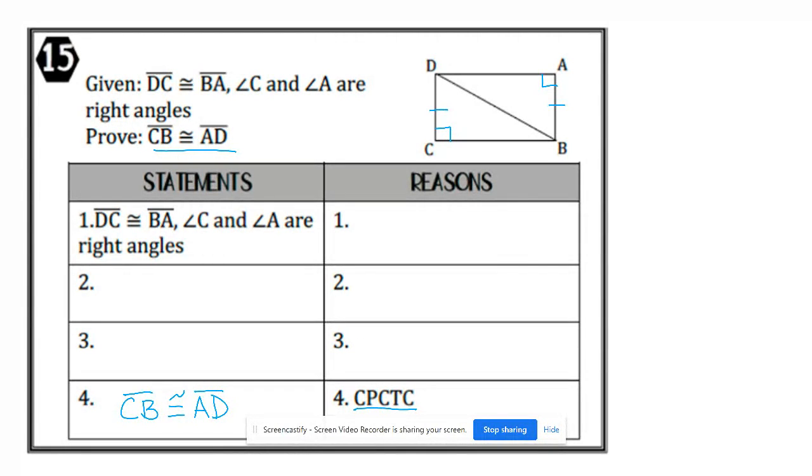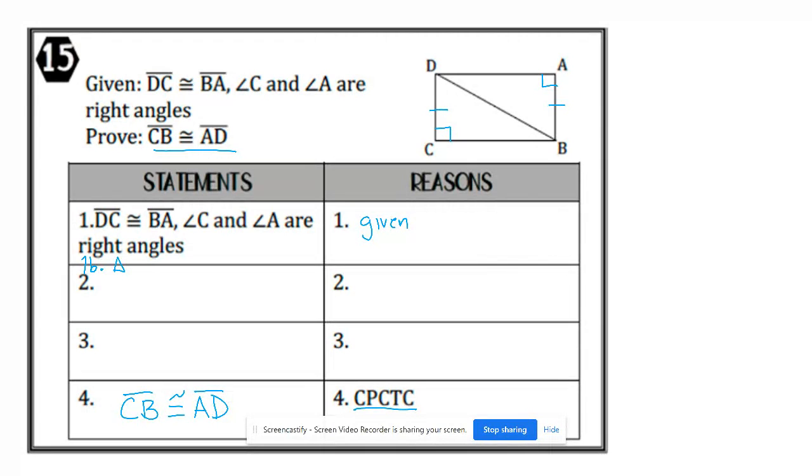All right. This has 4 steps listed. I'm going to squeeze in a 5th step because I think it's important, and I'll show you as we go along here. But right off the bat, it restates the stuff it already provided to us, and the reason there is given. They've given us that those two sides are congruent and those two angles are right angles. My extra step I'm going to squeeze in right here. I'll call it 1B.